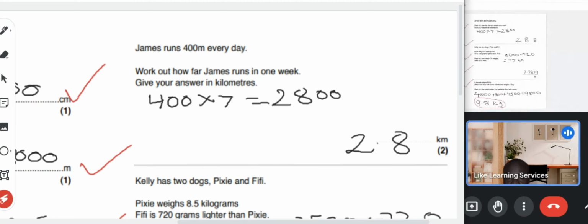James runs 400 meters every day. Work out how far James runs in 1 week. Very good. You multiply by 7 because you have 7 days in a week. That's 2,800. And then you say you should give your answer in kilometers. You divide it by 1,000. Beautiful. That's 2,800 meters, and you change it to kilometers by dividing by 1,000. Please mark.